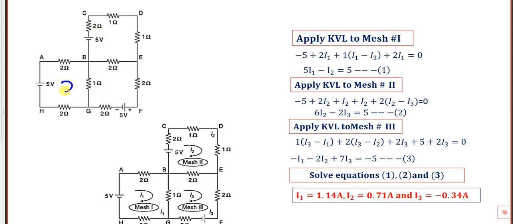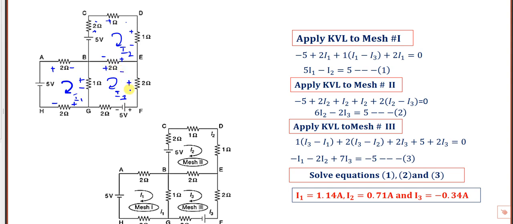You can label I1 here, I2 here, and I3 here. Three meshes. So you can write plus minus for each: for mesh 1 current, for mesh 2, for mesh 3.